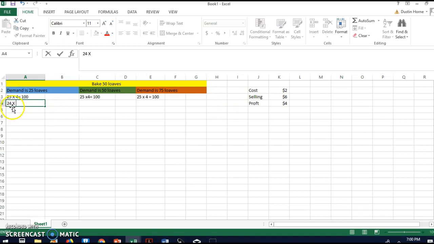So I have to subtract this out because I'm losing the cost of 25 loaves that I did not sell. So 25 times 2 would be 50. So my expected monetary value here would be, I would make 100 and I'd have a loss of 50. So 100 minus 50 would only be 50.